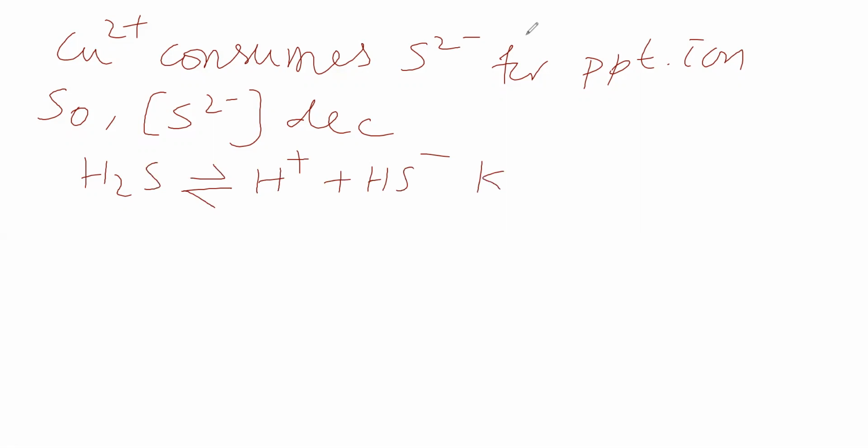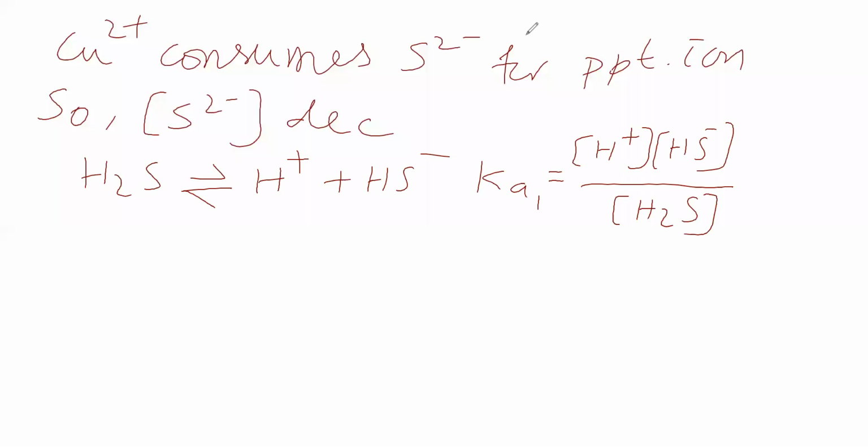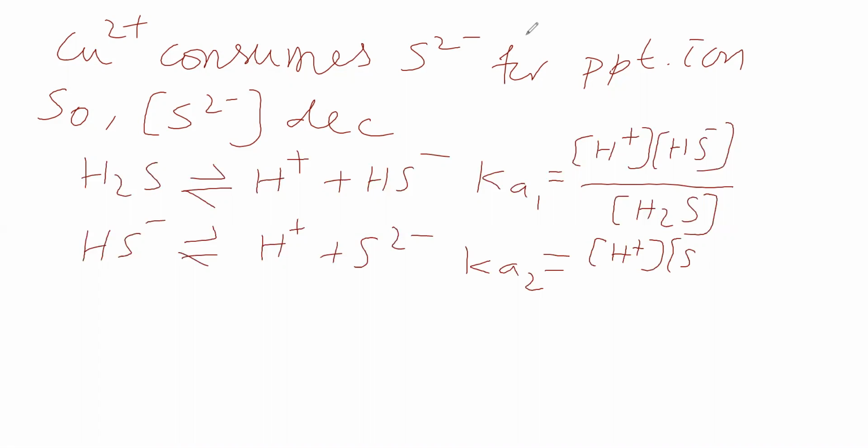H2S gives H+ plus HS-. For this equilibrium, the constant Ka1 is equal to [H+][HS-]/[H2S]. Next, HS- gives H+ and S2-. For this equilibrium, the constant Ka2 is equal to [H+][S2-]/[HS-].